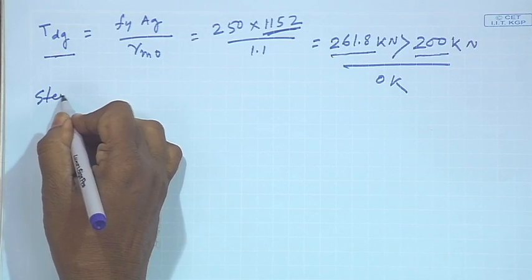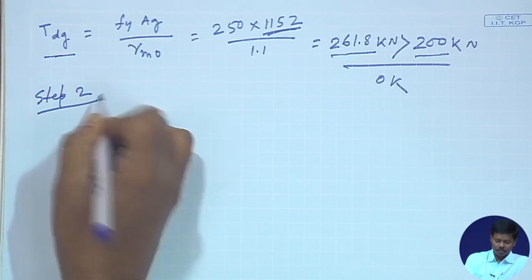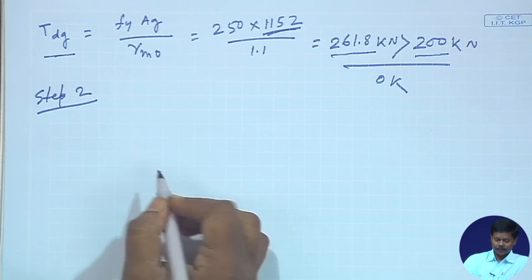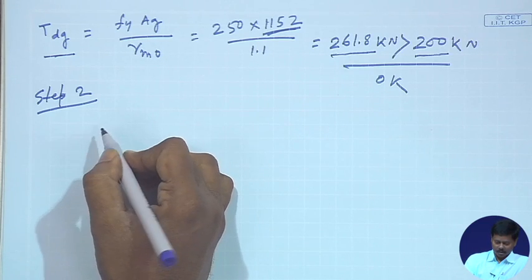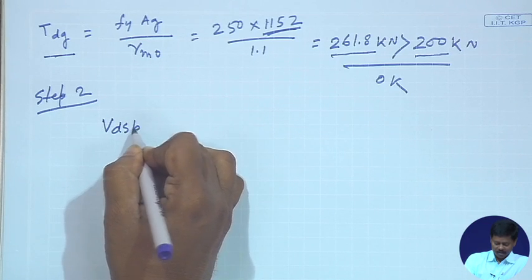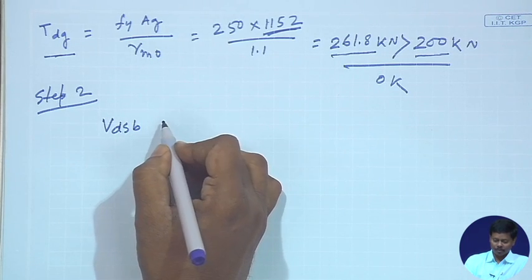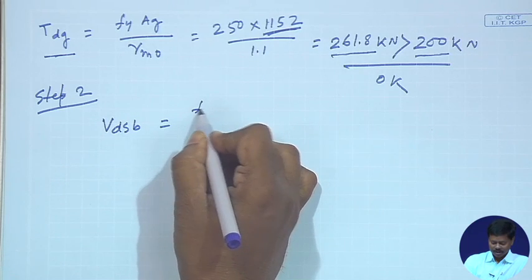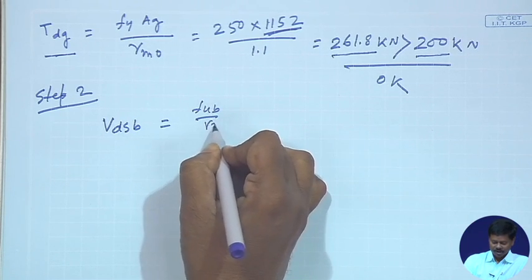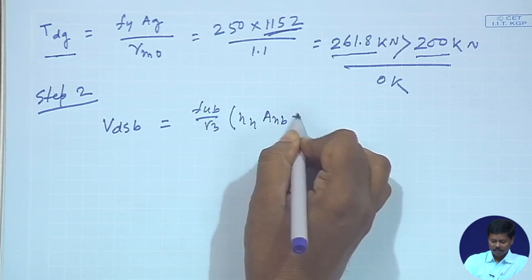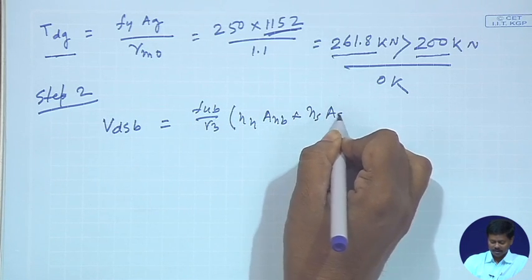So, for that now in step 2 we have to find out for bolt connection VDSB, the design shear strength of bolt we have to calculate. That we know, that is FUB by root 3 into ANB plus NS ASB.